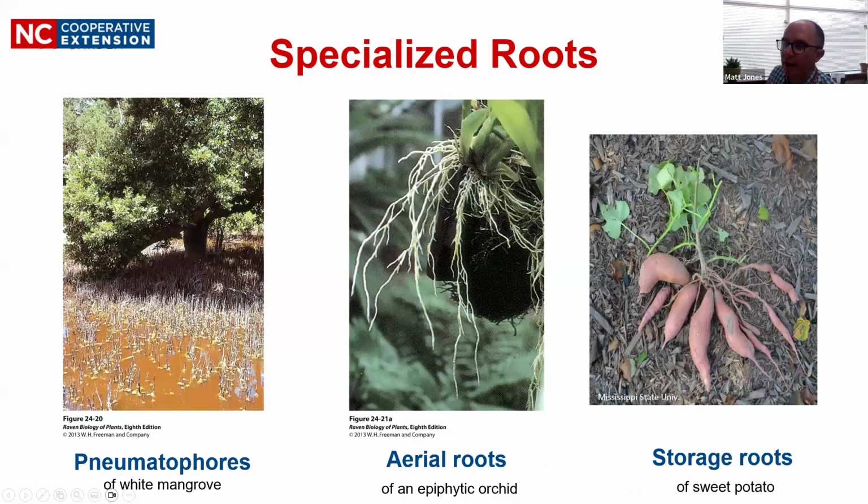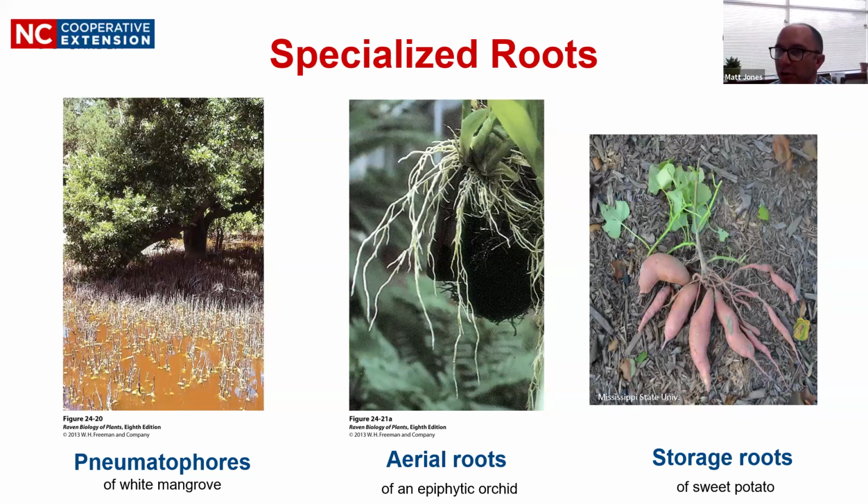Roots can also be modified into different functions. In the case of mangroves, like white mangroves, red mangroves, black mangroves, they have structures called pneumatophores, which are extensions of the roots that are in the water that enable more oxygen exchange to the roots, because the roots need oxygen too to live.